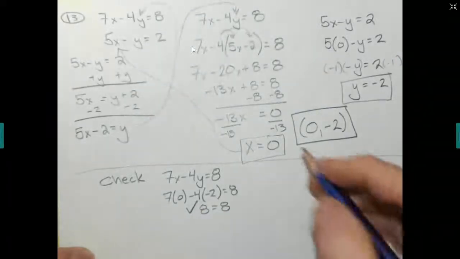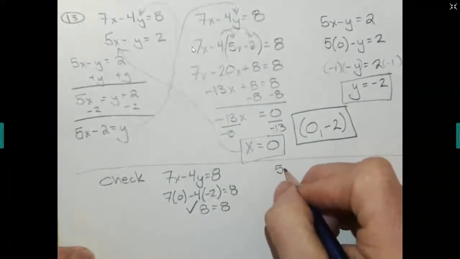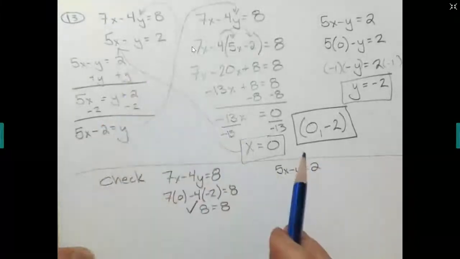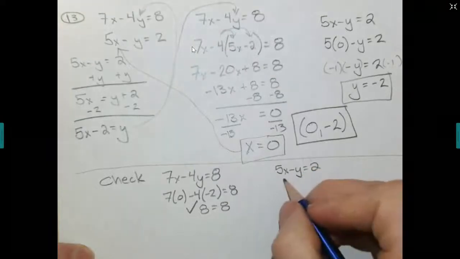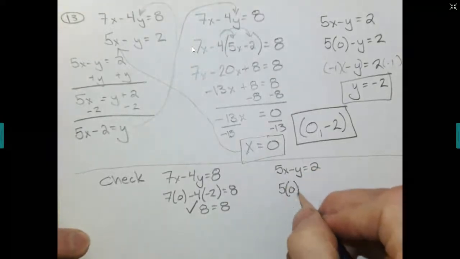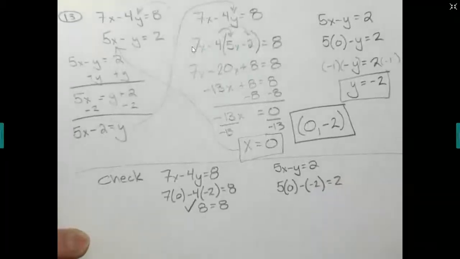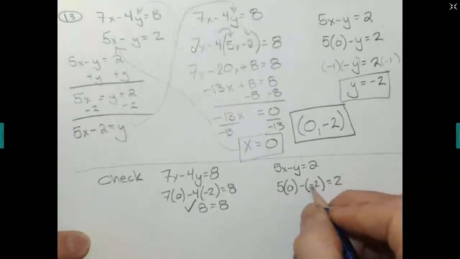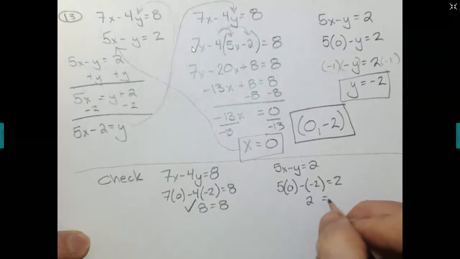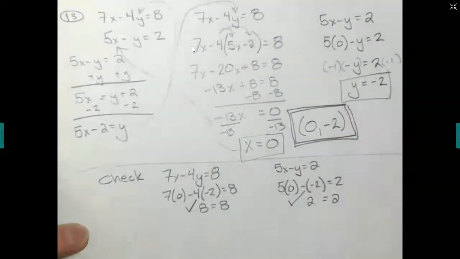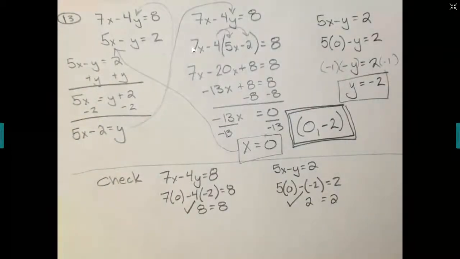That checks out. 5x minus y equals 2, so this is my other equation. So I have 5 times 0 minus negative 2 equals 2. 5 times 0 is 0, negative times negative is positive, so 2 equals 2, and that checks out. So there's my answer for number 13.